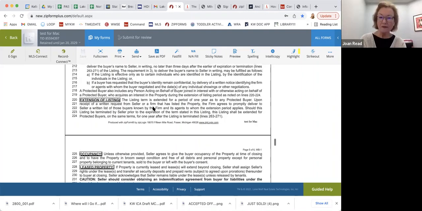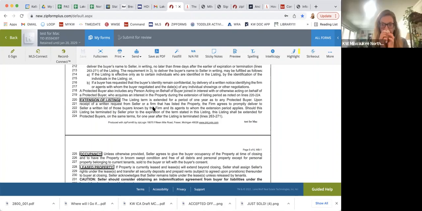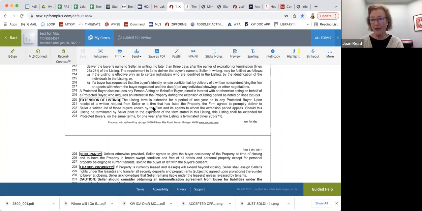And we have a templated letter that you can fill out with those names, and then you sign it, and then I sign it. A broker needs to sign that letter as well. And then that letter has to be mailed, postage paid, to the seller within 3 days of the end of that listing contract.